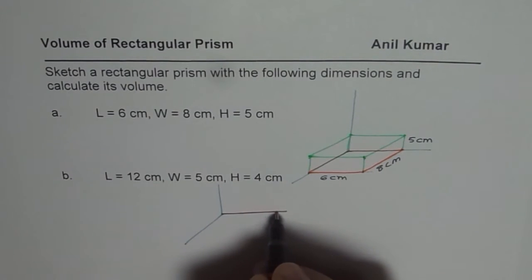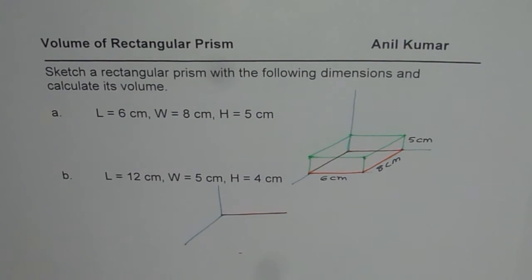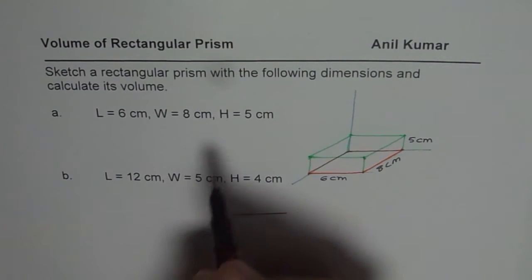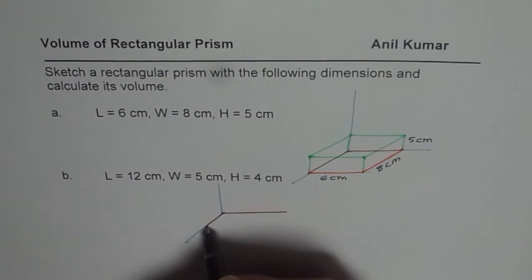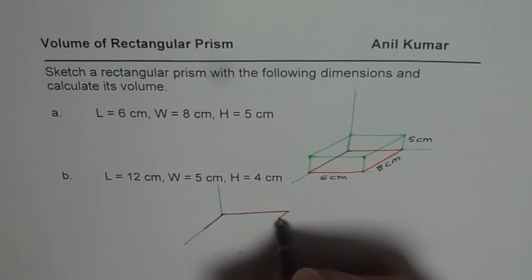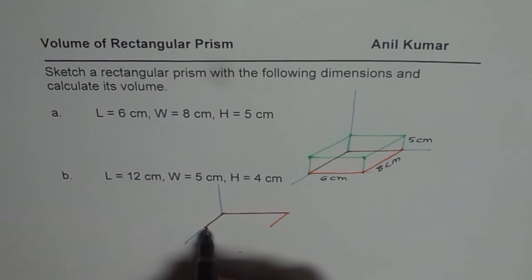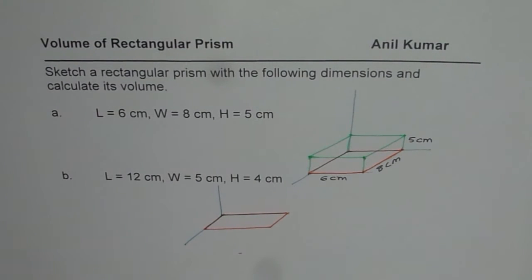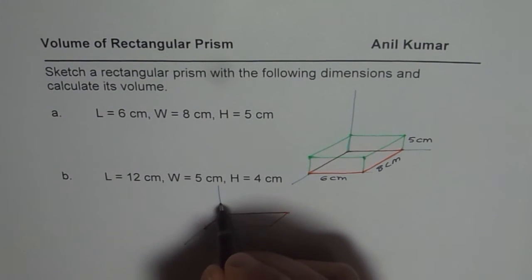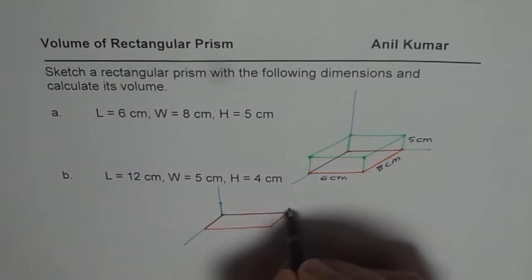The width is 5, less than half, so let's say 5 from here, and then we'll join with parallel lines. Do you see this? That becomes the base. The first step is to make the base, and then the height of 4.